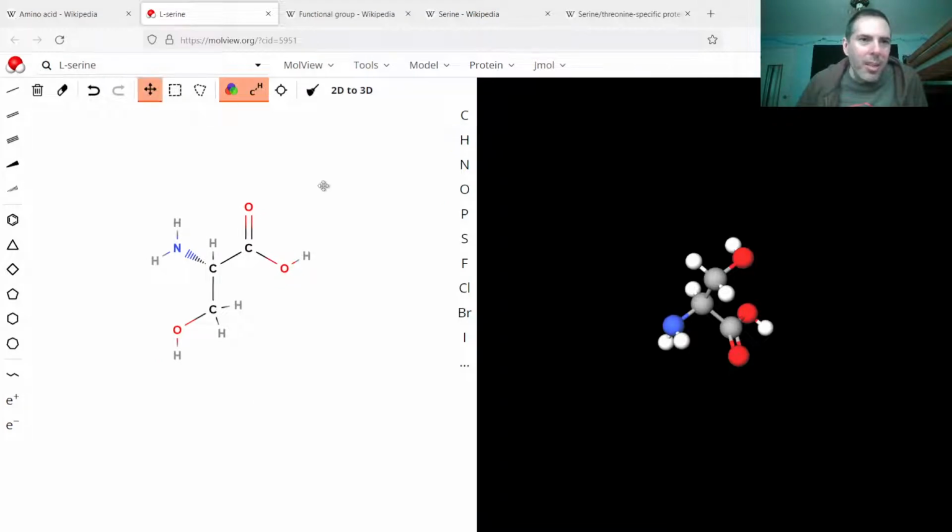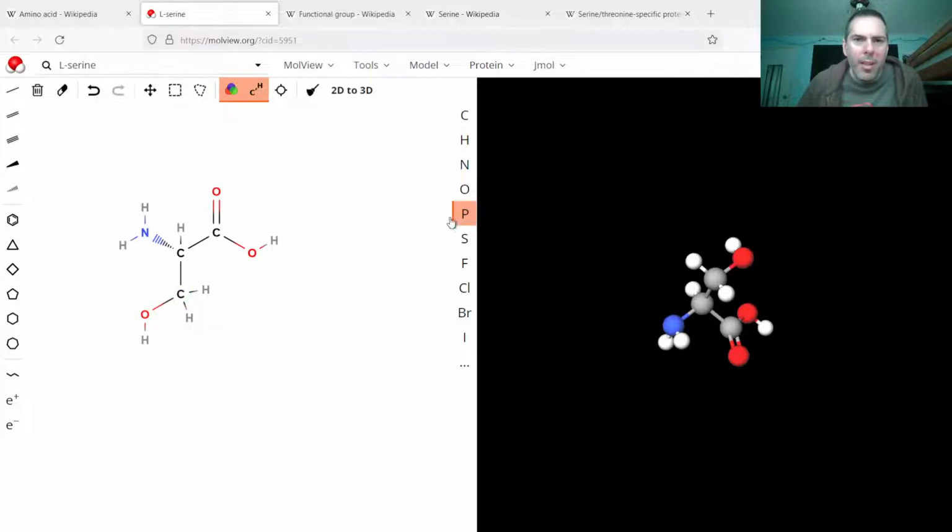So let me just actually draw that on here. So again, here's the side chain, and if you had a phosphate ion floating around, maybe I forget exactly what it would look like, but here's something definitely close to what it would look like.